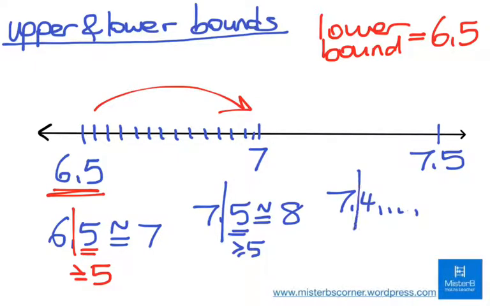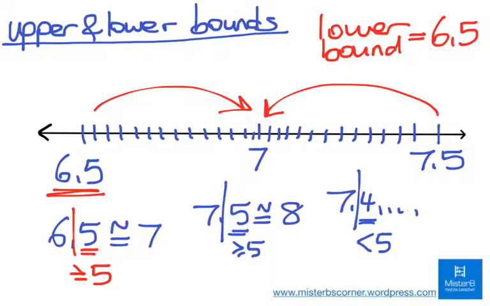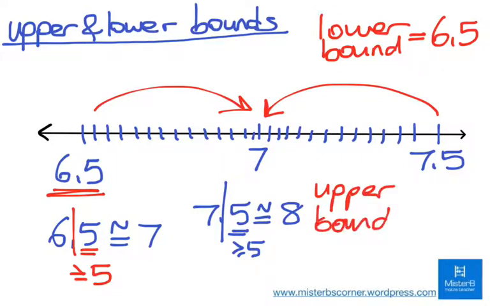When I cut it from here, this number will be less than 5, so they will round down to 7. So any number less than 7.5 will lie in here and they will round down to 7. So if I want to write the upper bound, it will be 7.5.